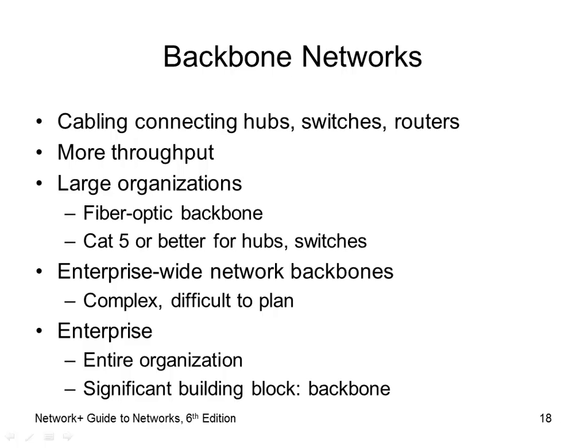Between the floors, you may have Cat5. Like that switch is just hooked with a Cat5 wire to the wiring closet downstairs. Enterprise-wide network backbones are complex because sometimes they cover large distances and thousands of users or more. So a lot of planning has to go into them.